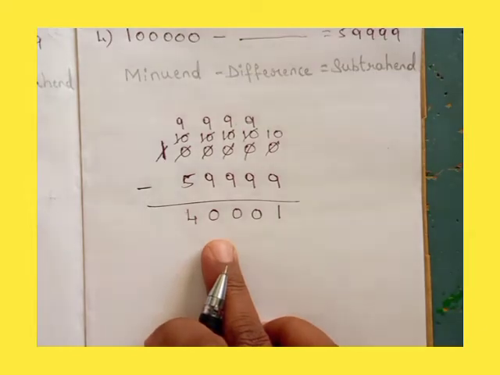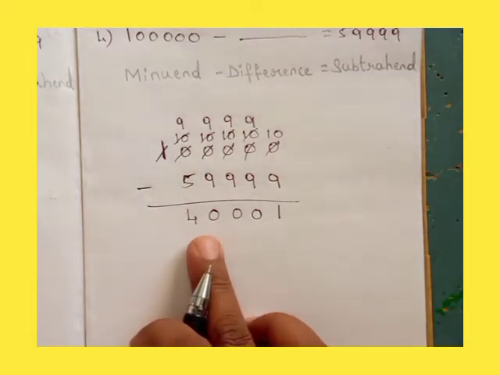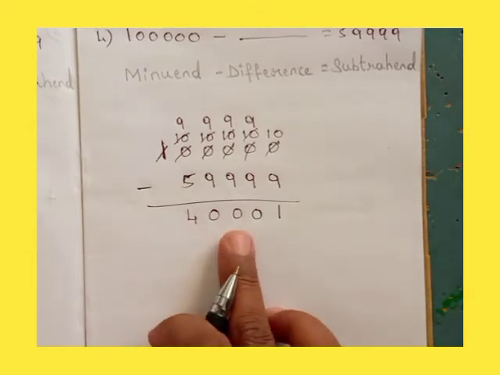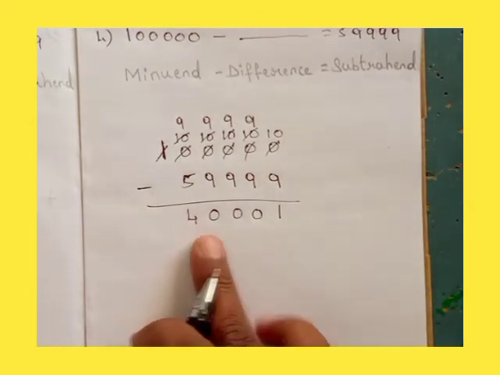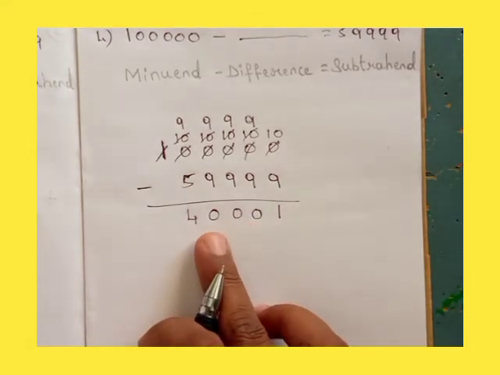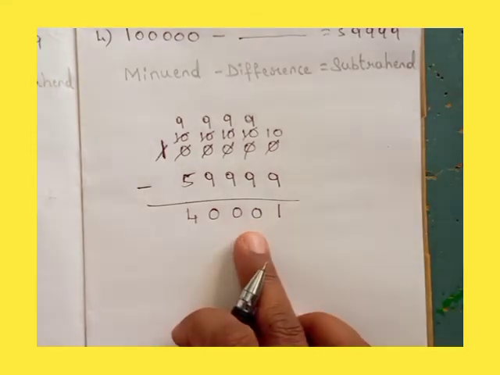So what will be the subtrahend, dear children? 40,001 is remaining. So this will be the subtrahend.